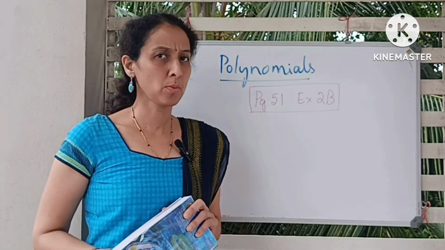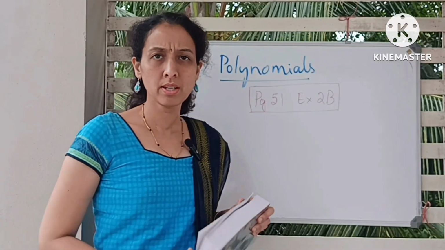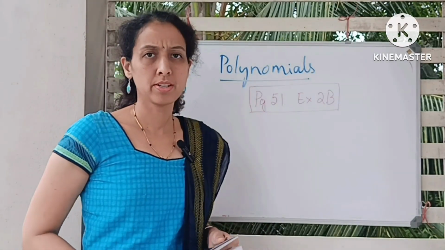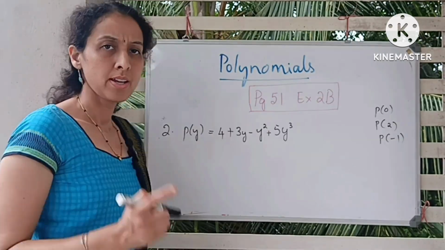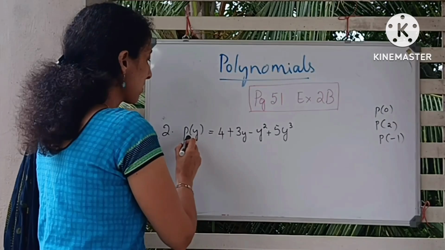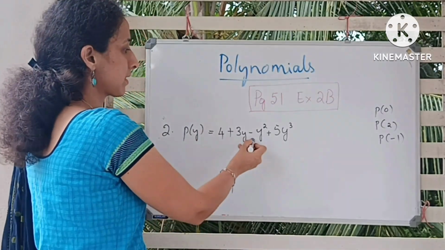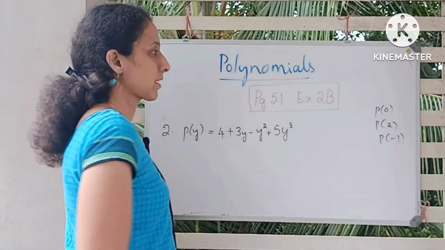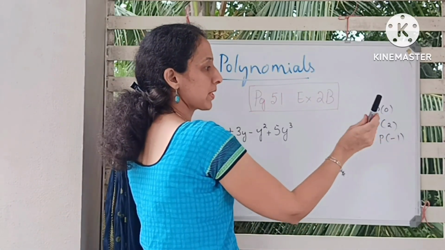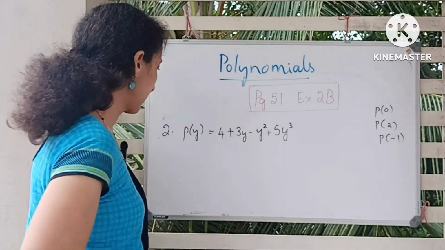Let us solve some of the problems of exercise 2b in page 51 of Mathematics 9 written by R.S. Aggarwal. I have taken the second problem. P of y is equal to 4 plus 3y minus y square plus 5y cube. Here we have to find out P of 0, P of 2 and P of minus 1.